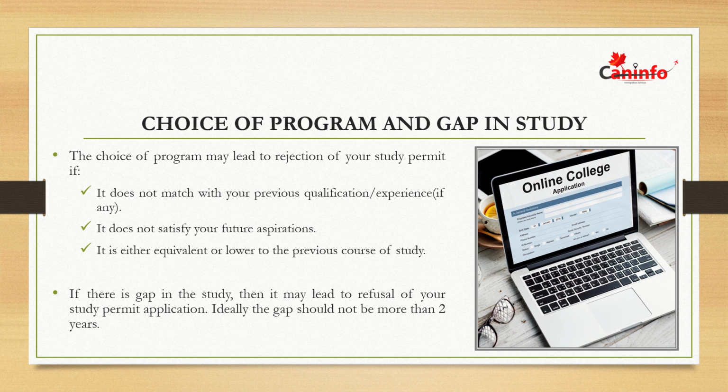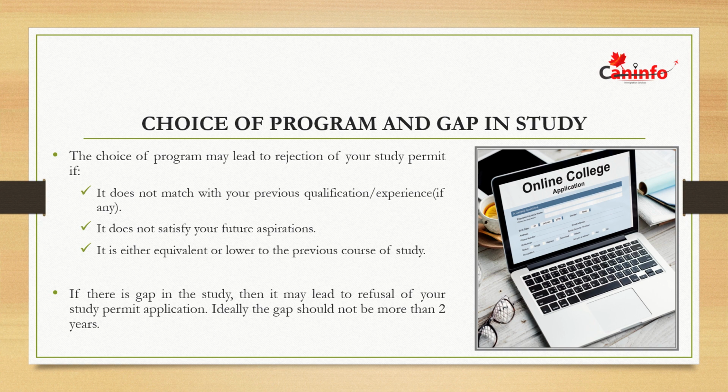If you are taking a course that is not matching with your previous qualification or experience, then it is an issue. Again, if it is not satisfying your future aspiration, then again it's a problem. Or if the chosen program is equivalent or lower than your previous course of study.